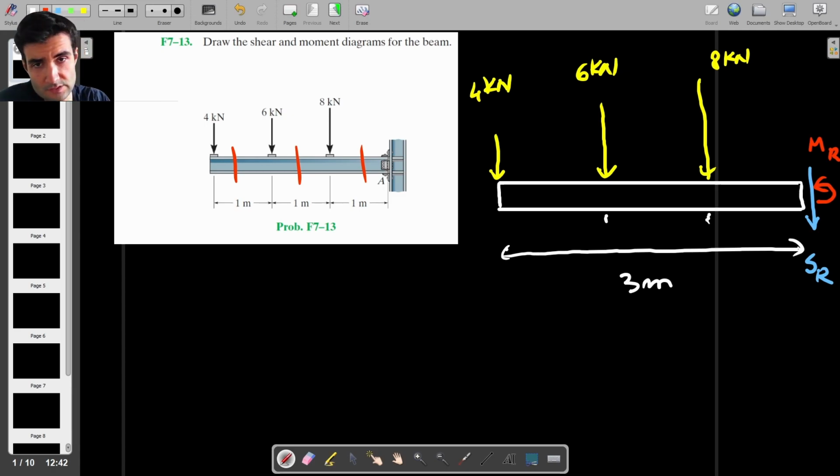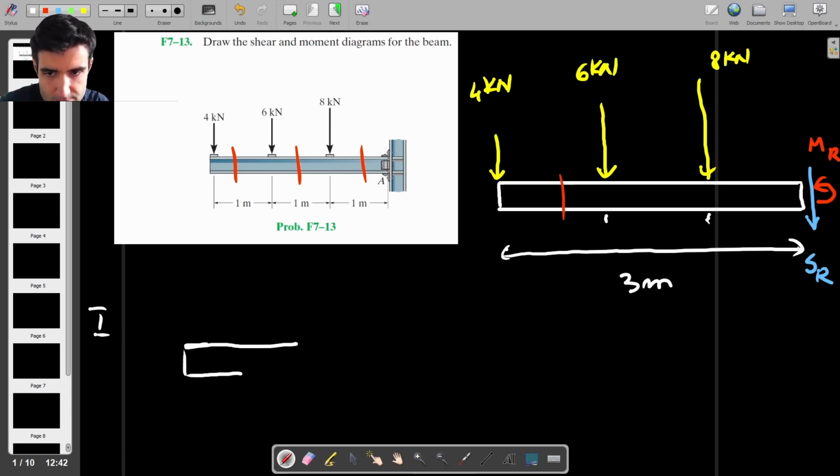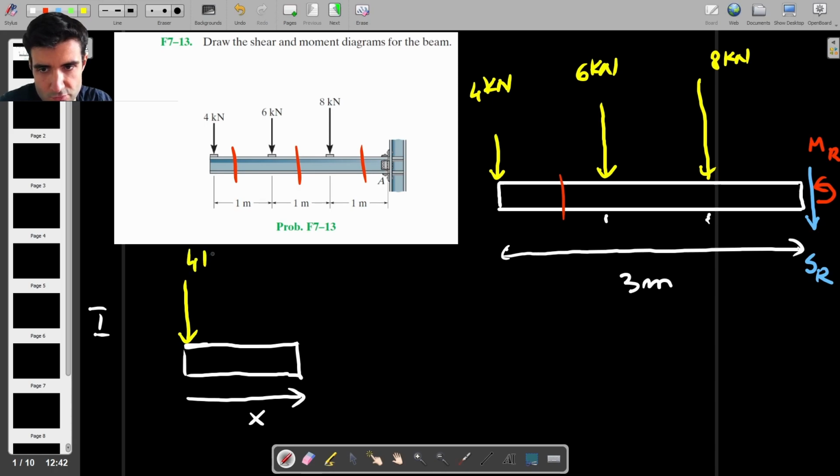So my first section is going to be somewhere between the 4 and the 6 kilonewton forces. So I'm going to say that we have a certain distance x, and then we have the tip load of 4 kilonewtons, and then on this side we have shear force, and we also have some bending moment. So that's what we're trying to find, right?